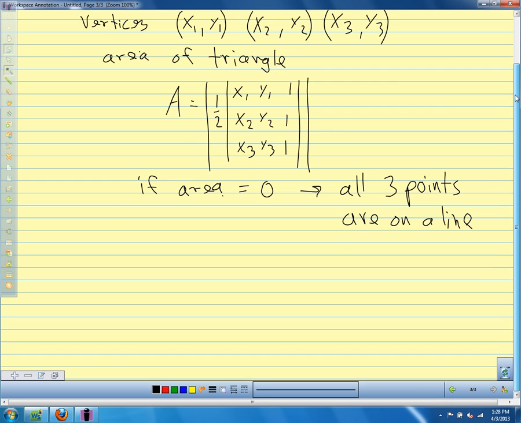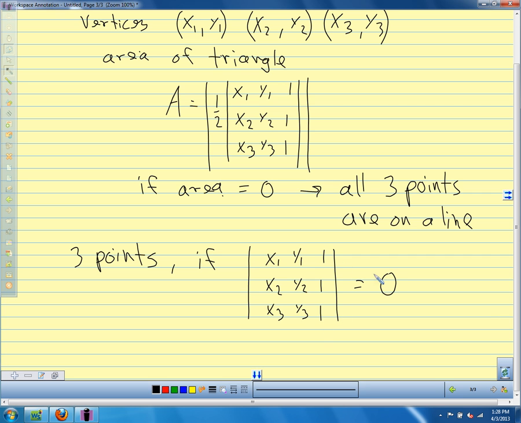So what we're going to say is if we have 3 points, our same 3 points, x1, y1, x2, y2, x3, y3, if that determinant is 0, then the 3 points are on the same line.